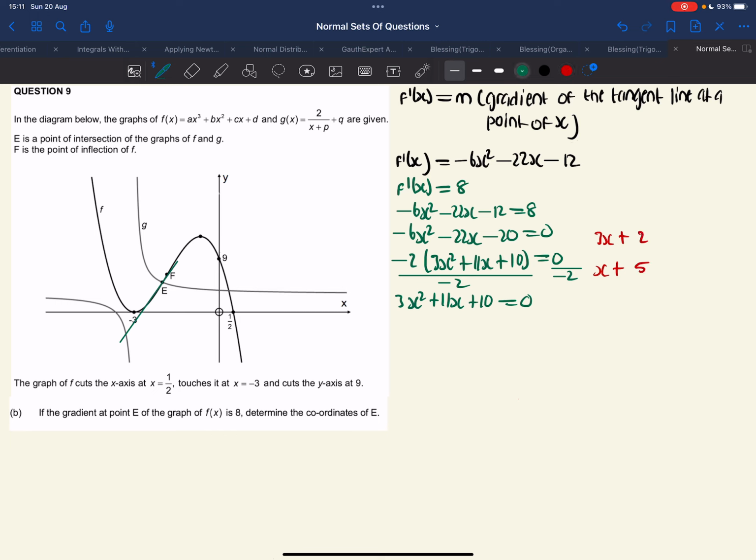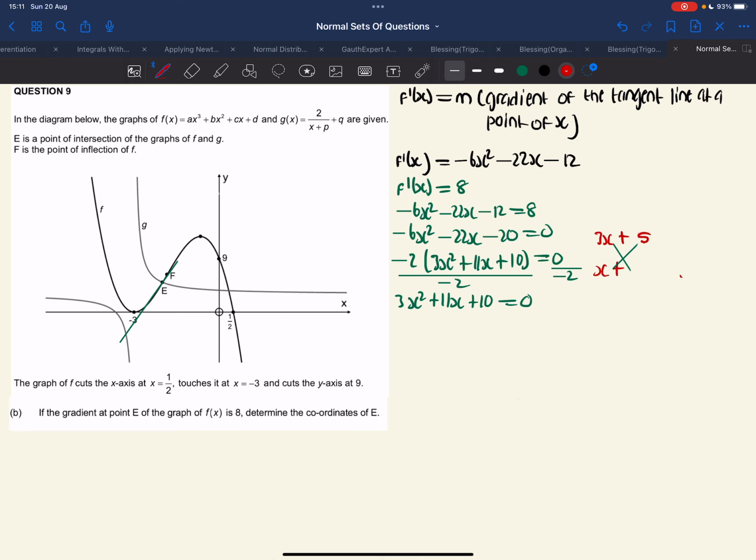If you cross multiply, you're going to get 2x, then 3 times 5 is 15x. If you add them, you get 17x. So that's not how we want it to be. Then let's try the other way around.